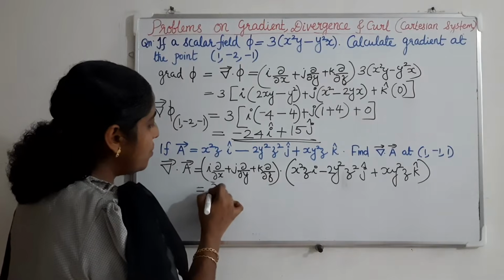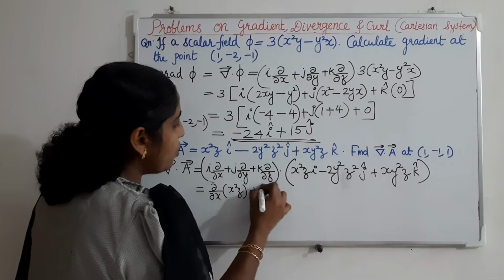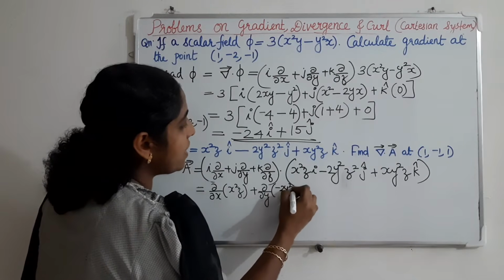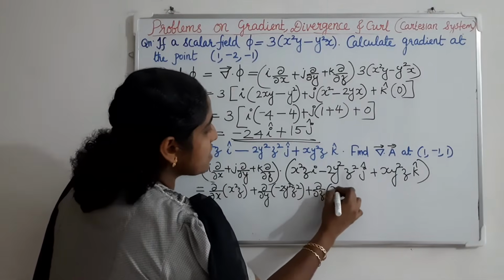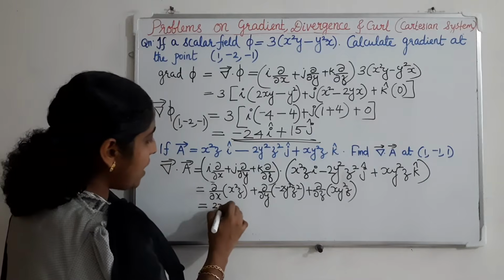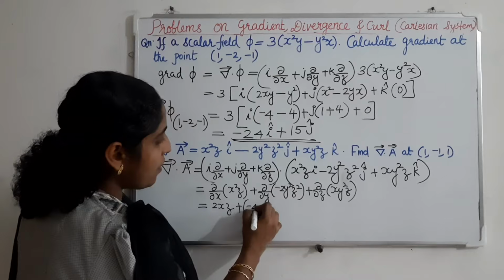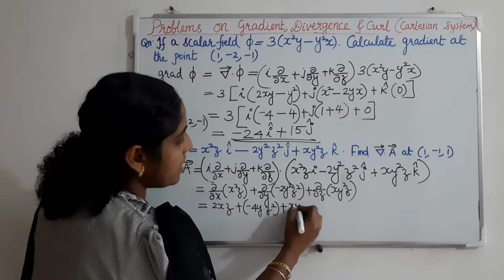That is equal to ∂/∂x of x²z plus ∂/∂y of −2y²z² plus ∂/∂z of xy²z. So it is equal to 2xz plus (−4yz²) plus xy².